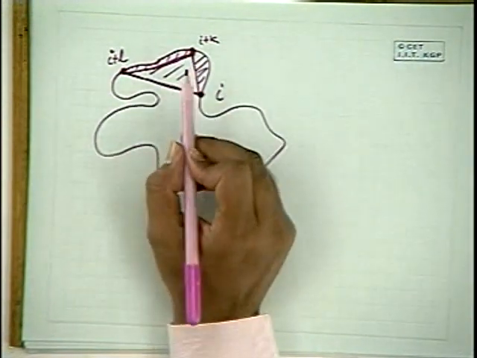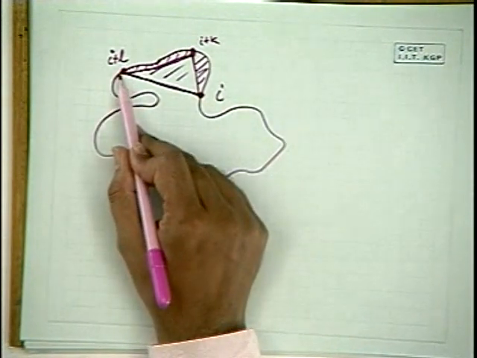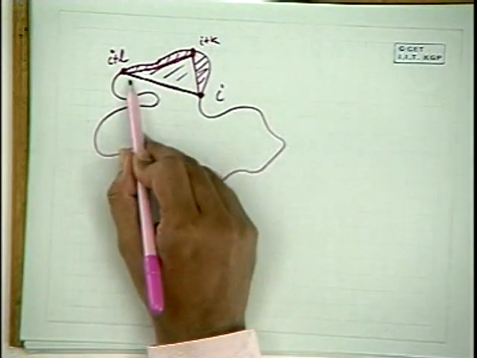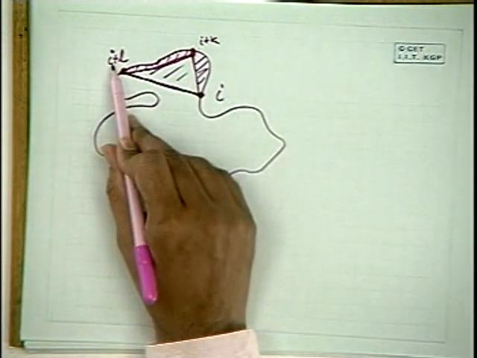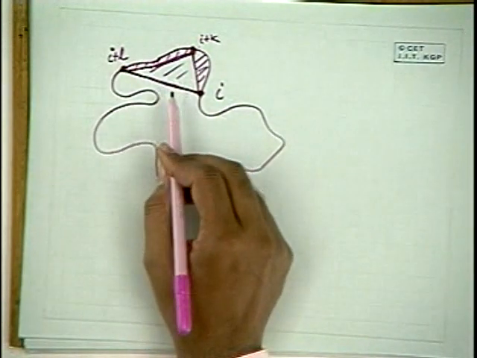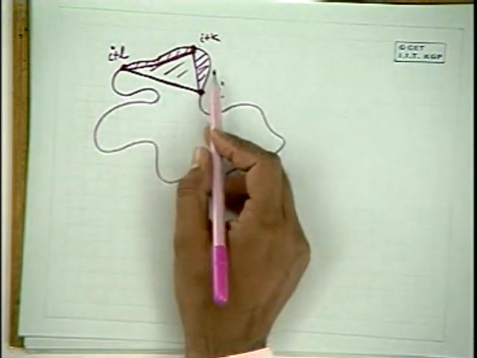Suppose you are considering the optimal triangulation of the polygon I to I plus L, then there must be one triangle for some value of K, such that the subpolygon between I plus K and I plus L, and the other subpolygon I to I plus K, both must be optimally triangulated. Otherwise, your entire triangulation cannot be optimal for this subpolygon. Have you understood this? This is a very crucial thing to understand for your dynamic programming approach.